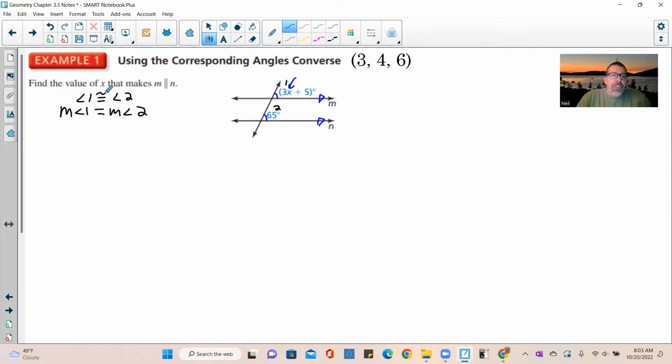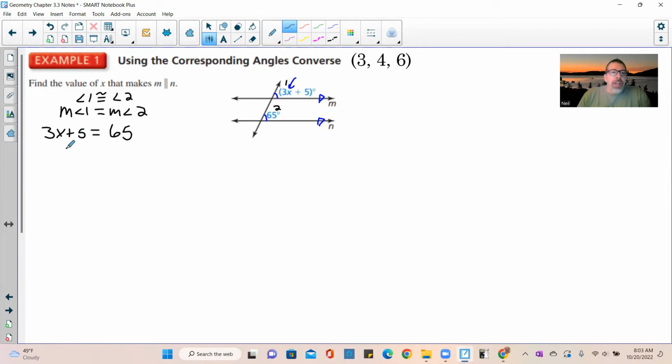By the definition of congruence, we can then say the measure of angle 1 equals the measure of angle 2. And then we substitute our givens. The measure of angle 1 is 3x plus 5, and the measure of angle 2 is 65. So I did substitution. In geometry, you use theorems to write formulas, and then you substitute givens and you simplify and solve using algebra.